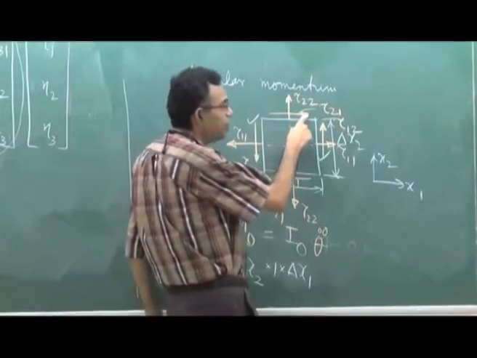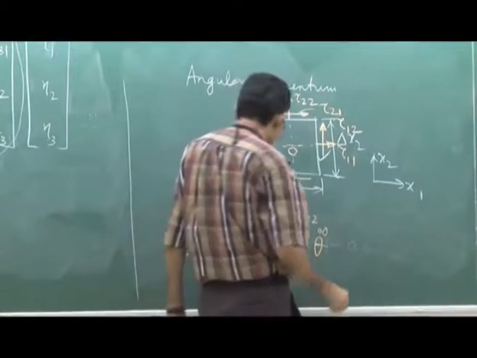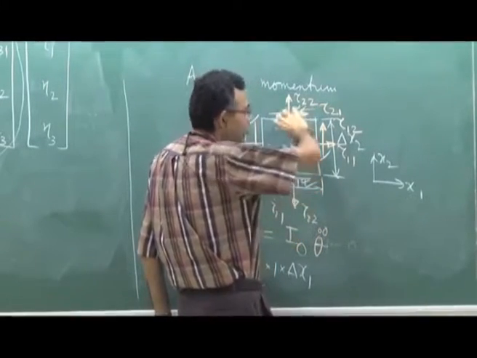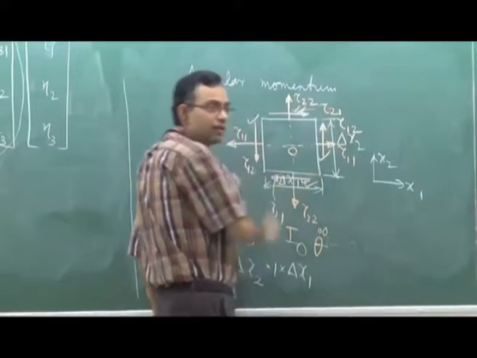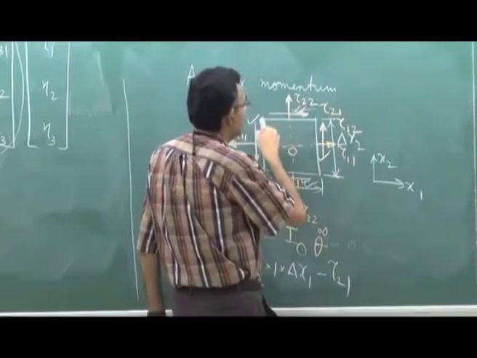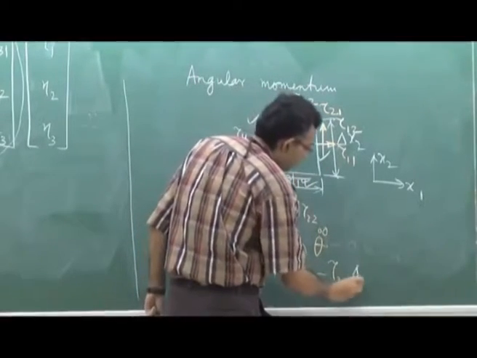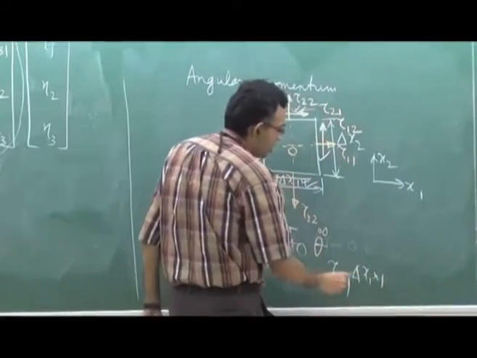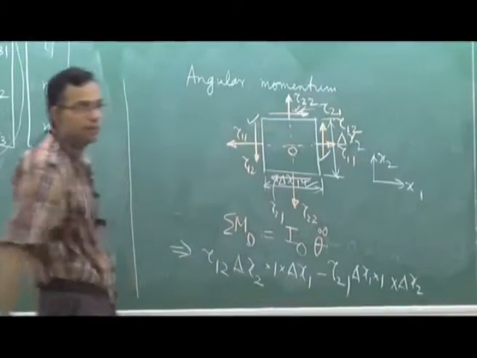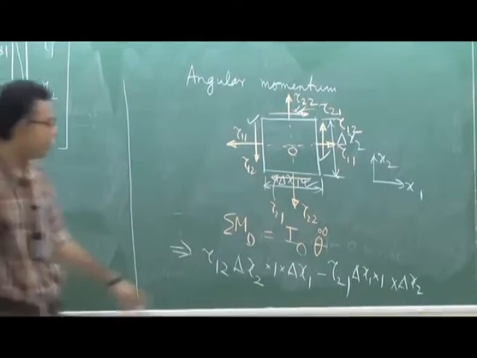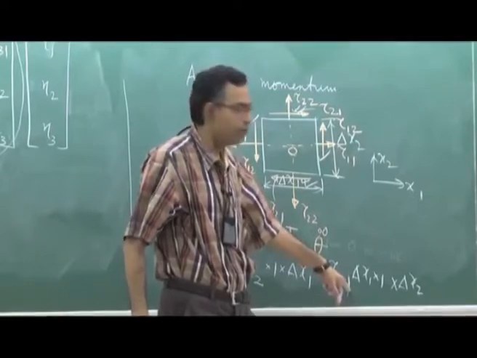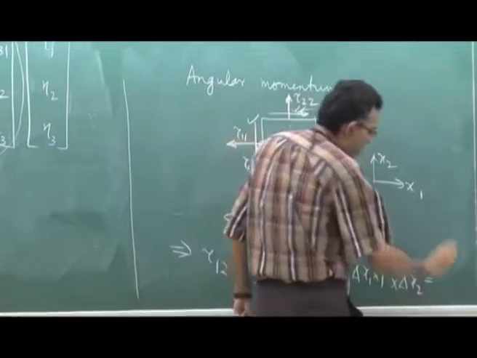Then what about tau 2 1? This one and this one form a clockwise couple moment. So minus tau 2 1 into delta x1 into 1, this is the total force, times delta x2. This is the couple moment. So we have represented all the couple moments, which is equal to the moment of inertia times the angular acceleration.